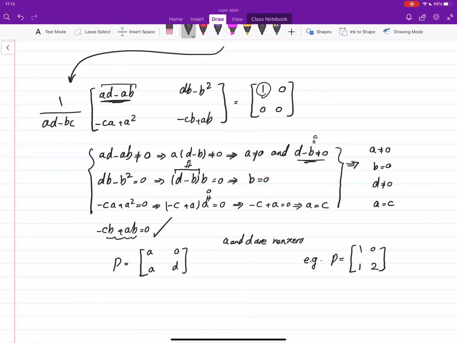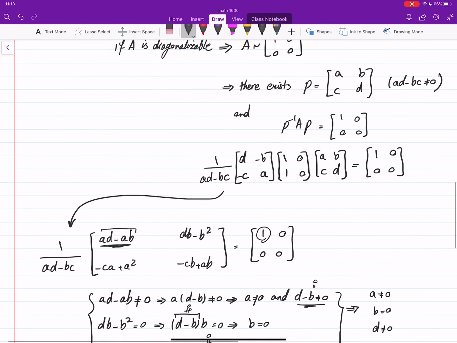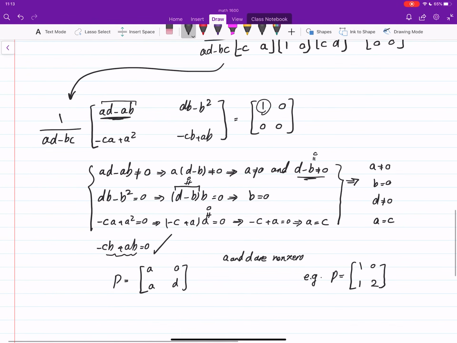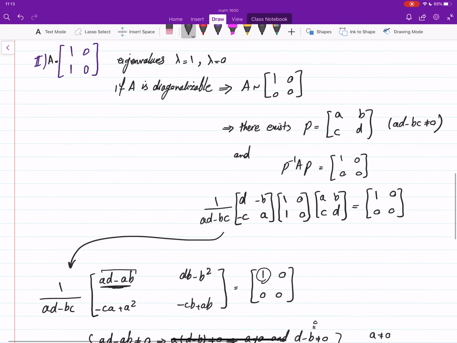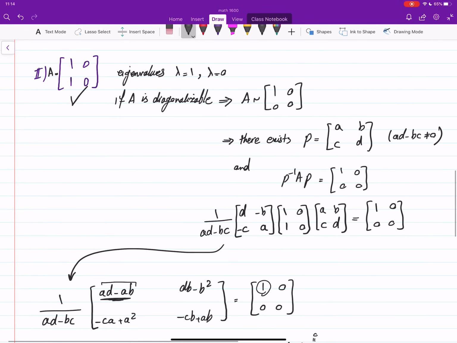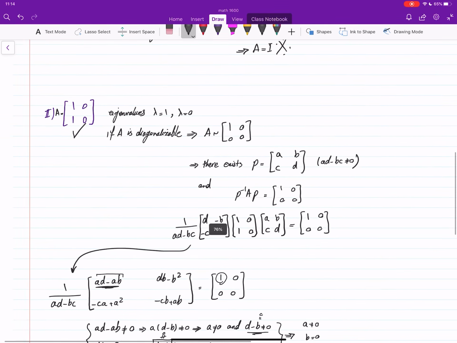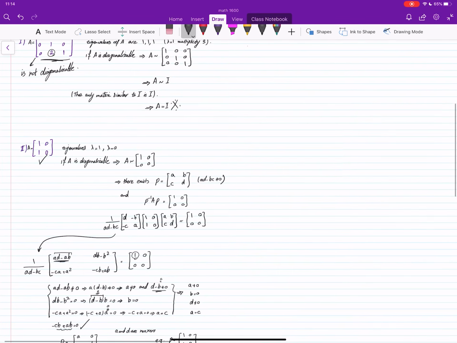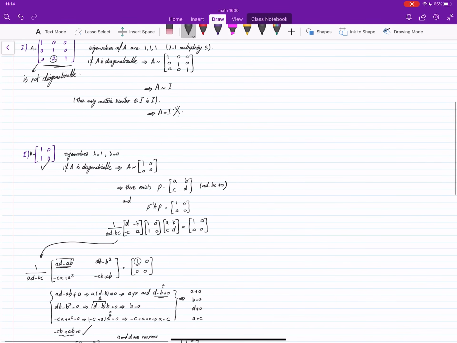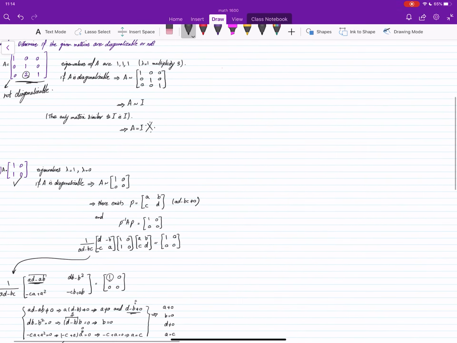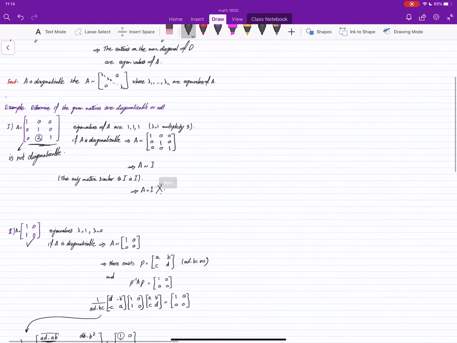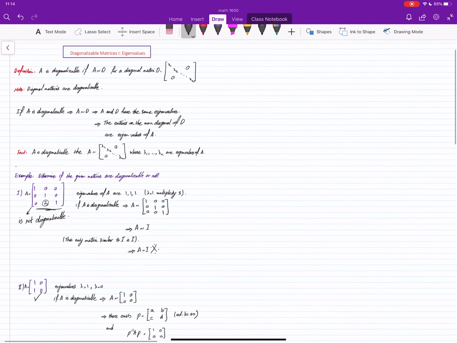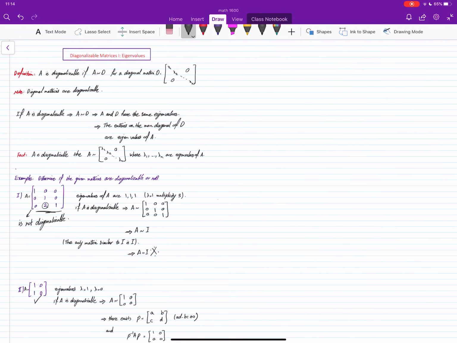Such a matrix will diagonalize the matrix we have. So if you do P inverse A P, you will get 1, 0, 0, 0. And yes, that means that this guy is diagonalizable. Well, this case was a little bit strange, but we handled it with some hard work. In general, we will learn some criteria to check if a matrix is diagonalizable or not.